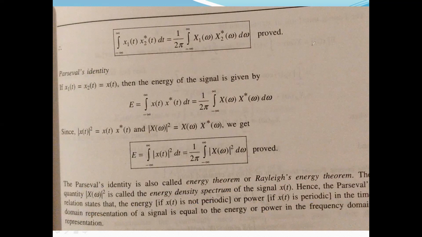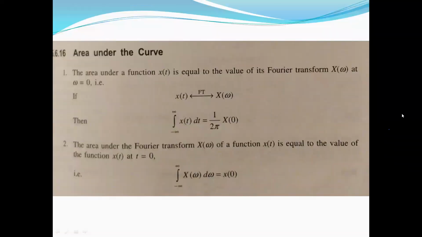So let's go to the last property, which is called the area under the curve. Whenever there is a Fourier transform, if the spectrum is known to you, you can know the area under the function.